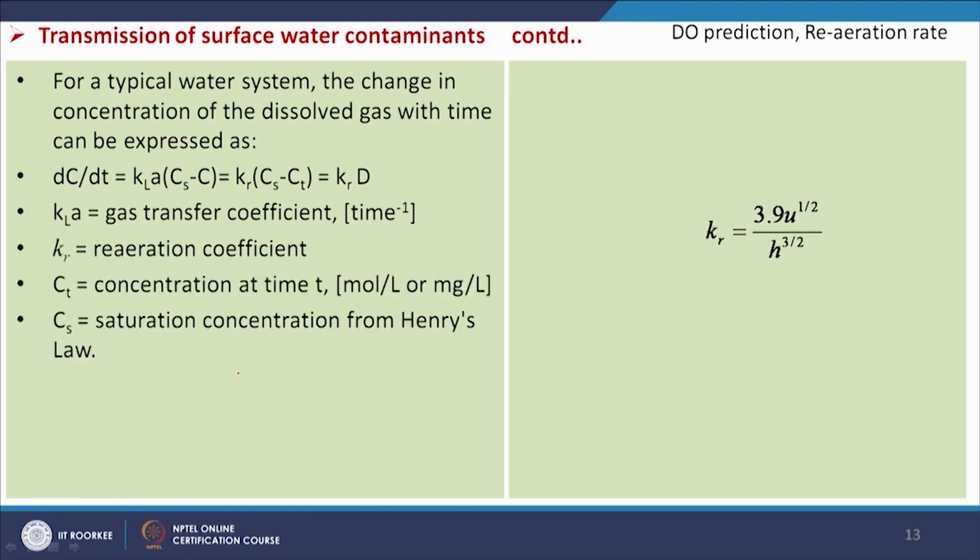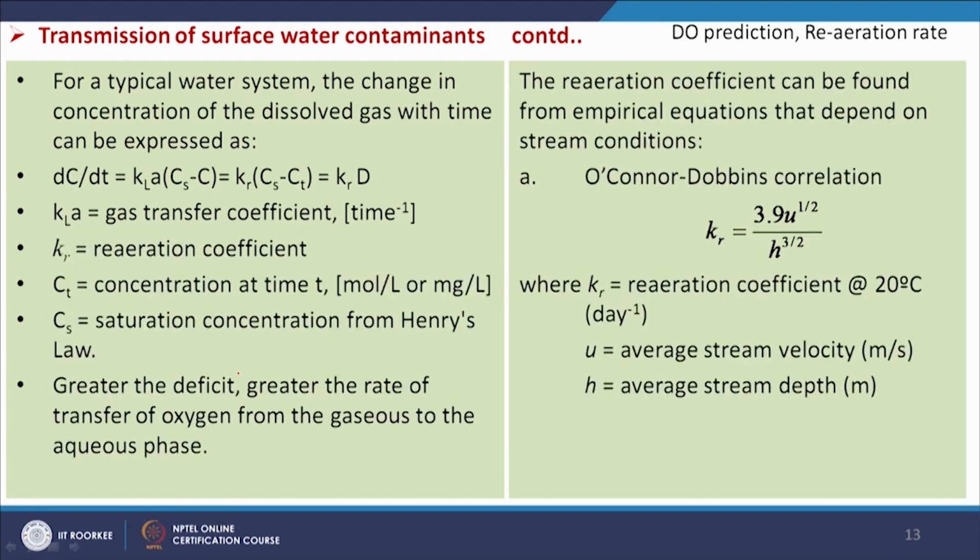Now, we have to determine the value of the re-aeration rate and the deoxygenation rate. Re-aeration: oxygen is always coming from the atmosphere to the water. In that case the governing expression is dC/dt equal to KLa into (Cs minus C), where KL is the gas transfer coefficient. Oxygen is transferred from the atmosphere to water because the concentration of oxygen is higher in the atmosphere.